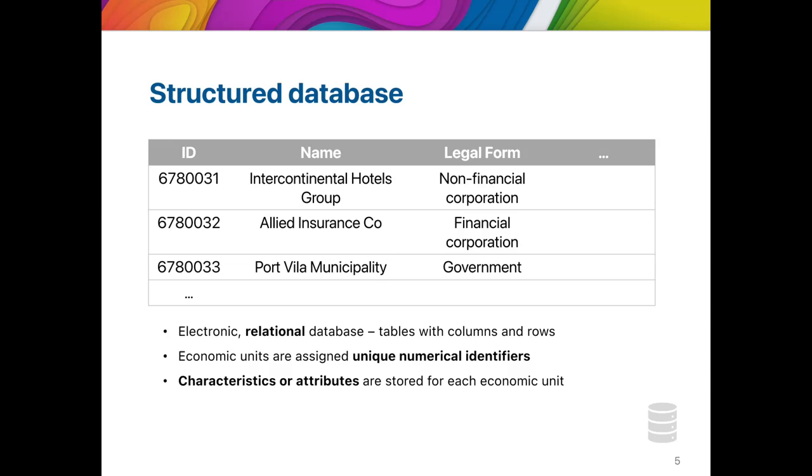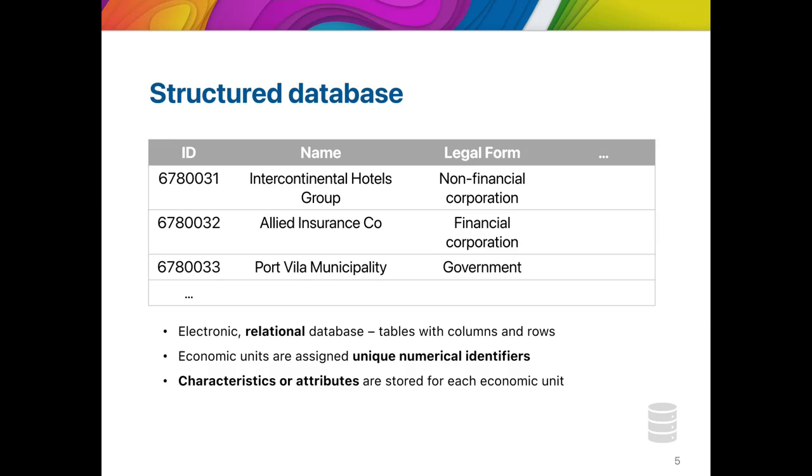So for the first part, typically an SBR is an electronic relational database, essentially a table with columns and rows, designed to facilitate efficient data management and retrieval. This database contains unique identifiers for each economic unit for proper linking and aggregation. Various characteristics or attributes are stored for each economic unit.